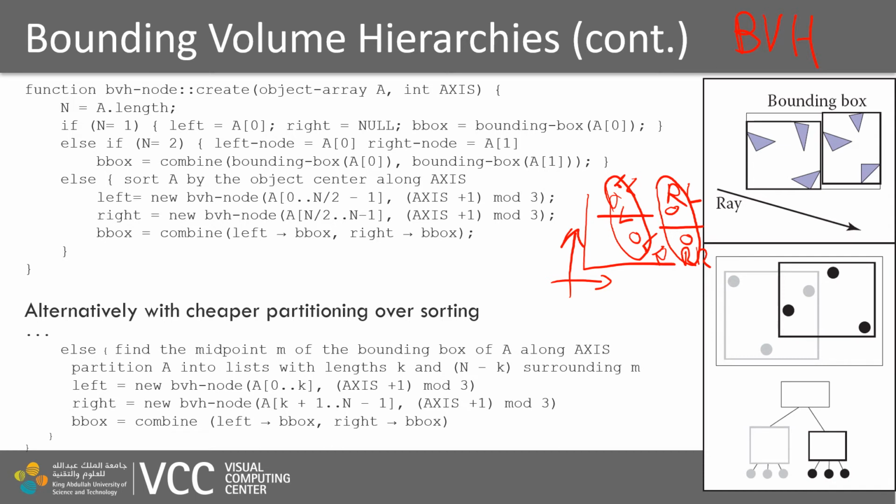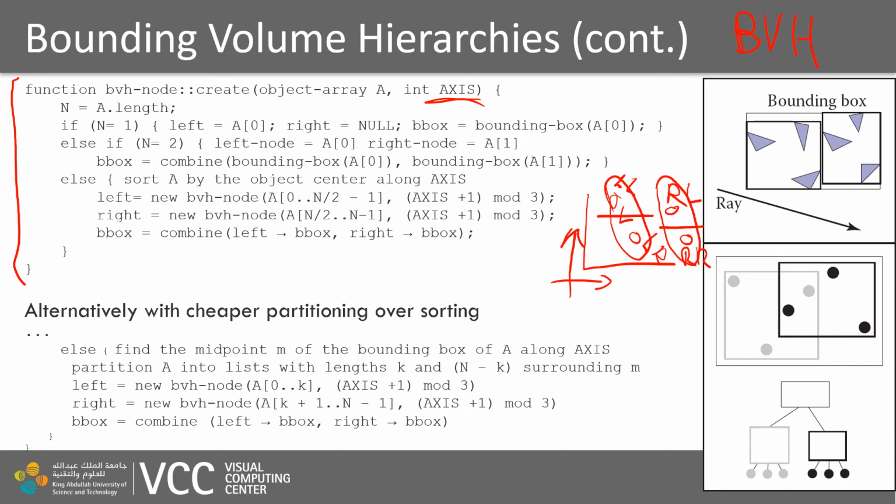So generally, a scheme where we are looking at how many objects we have, and then half of the objects along that axis will be forming one partition, another half of the objects will be forming another partition. And this is the corresponding pseudocode for that, because you can see that we have some object array and a given axis along which we would like to perform the partitioning.